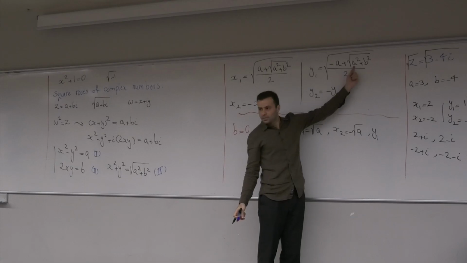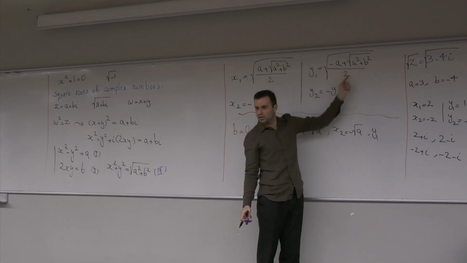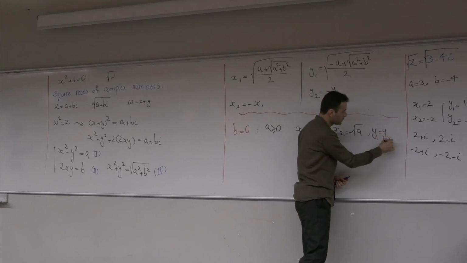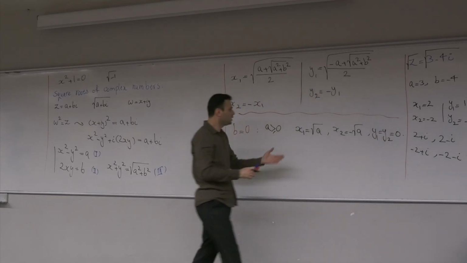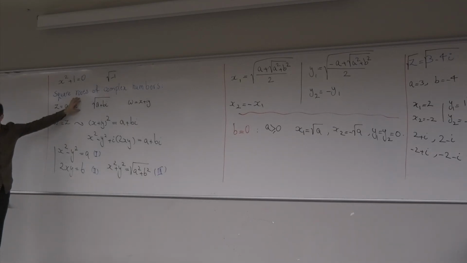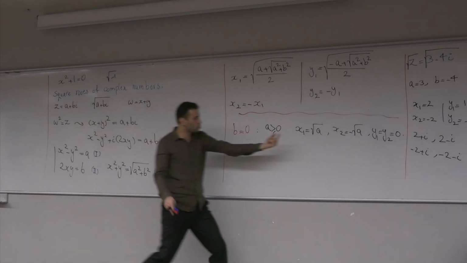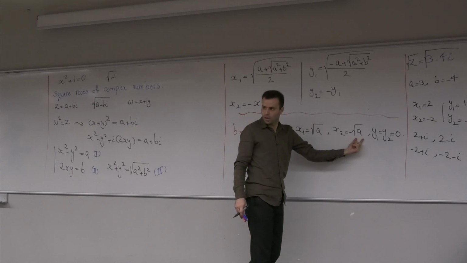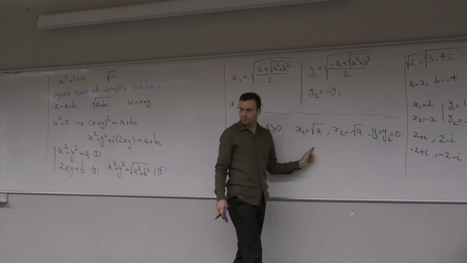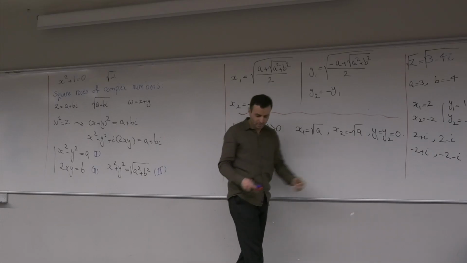This is going to be a minus a, 0, divided by 2, 0. So y1 and y2 are both going to be equal to 0. So in the case that b is 0 and a is positive, we are finding the square root of a positive real number, right? And we have these two solutions for it. But these are complex roots of a real number.